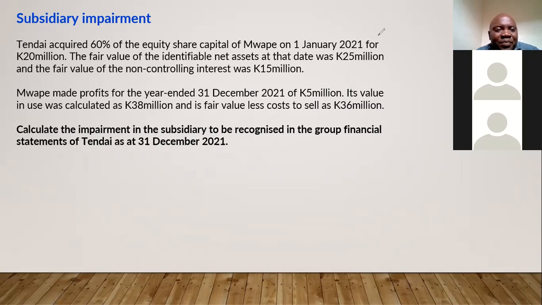Subsidiary impairment. Tendai acquired 60% of the equity share capital of Mwape on 1st January 2021 for 20 million. So we know that we have the fair value here of 20 million.